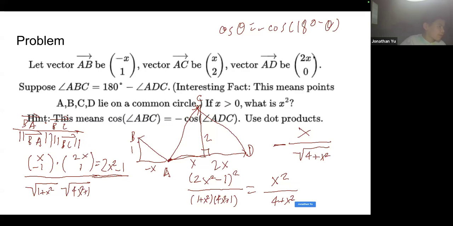And now notice that every time x appears in this equation, it is squared, so we can simplify it by letting y equals x squared.